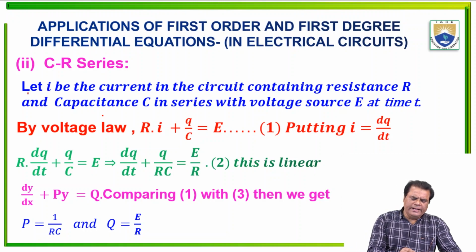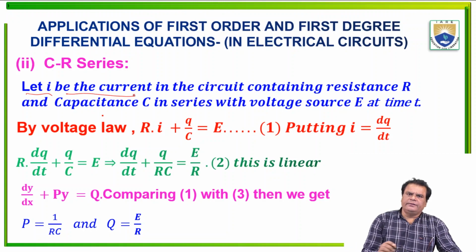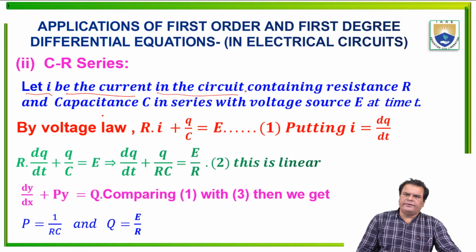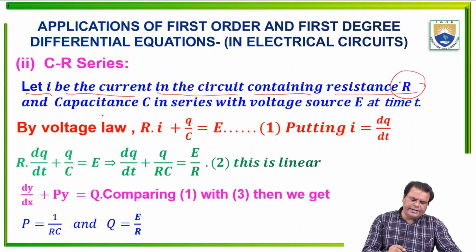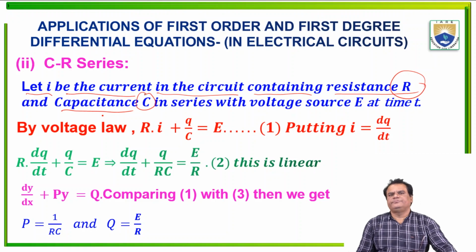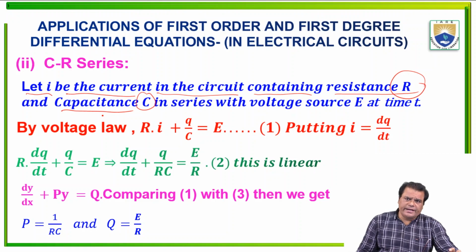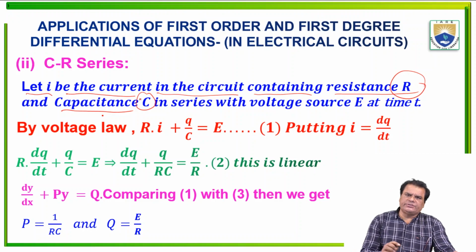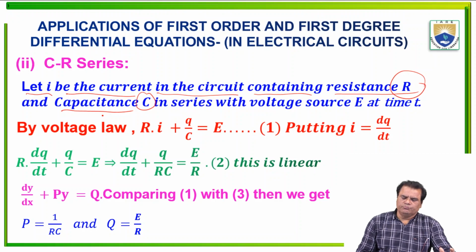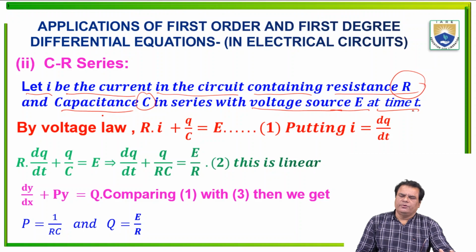Here let I be the current flowing in the circuit containing resistance R and capacitance C in series with voltage source E at time t. So what happened? We have already discussed.